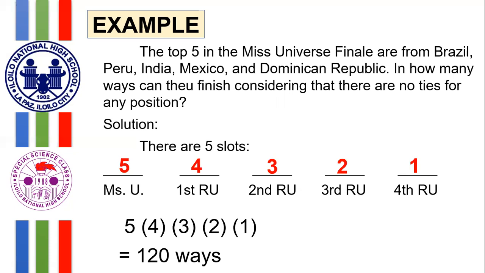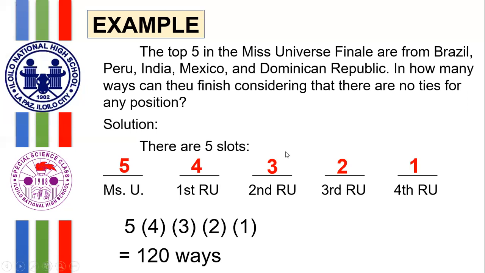Therefore, these 5 Miss Universe finale contestants can finish in 120 ways, considering that there are no ties for any position. I hope it's clear with us.